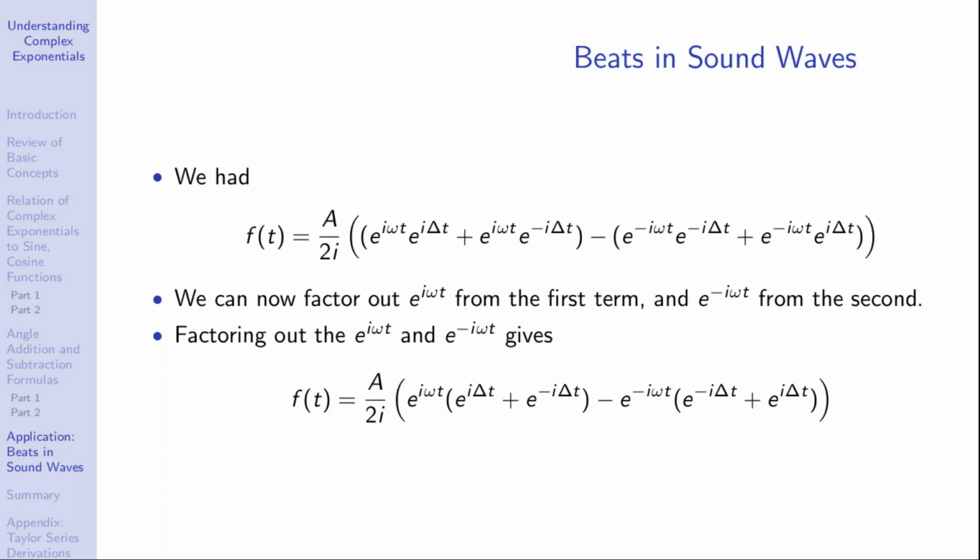So factoring out those factors of e to the i omega t and e to the minus i omega t gives that f of t is equal to A over 2i, e to the i omega t times e to the i delta t plus e to the minus i delta t, minus e to the minus i omega t times e to the minus i delta t plus e to the i delta t.